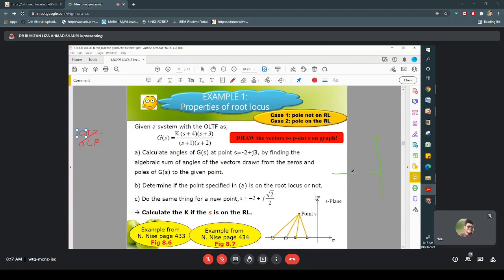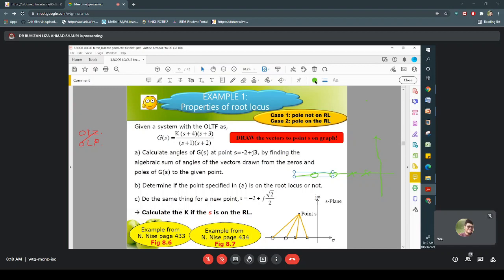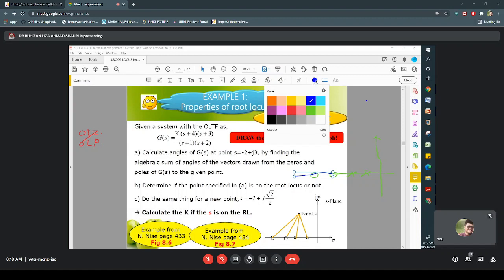If I want to draw, I have to put them onto this S-plane: -1, then -2, then your -3, your zero, and -4, your other zero. That's how you do it first, and then I'll change color. I want to show you how the root locus looks for this one.